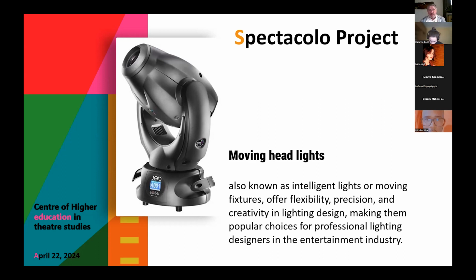They contain built-in electronics, including microprocessors and control circuits. Just hear it. It's not something that you have to know, but anyway, you have to be informed about it. To interpret DMX signals and operate the motors and other functions of the fixture. These electronics allow for precise control over the movement, over the color, and other parameters of the light.